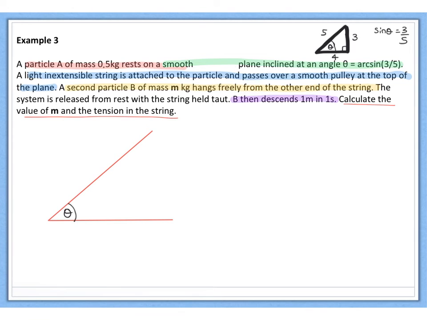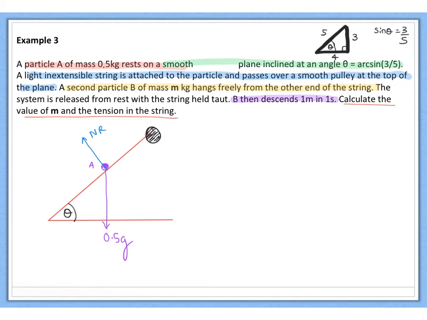And we're going to draw in particle A, which has a mass of 0.5 kilograms, so a weight of 0.5g. We know that there's a normal reaction force acting perpendicular to the plane like this, and it's a smooth plane, so we don't have to take friction into account.